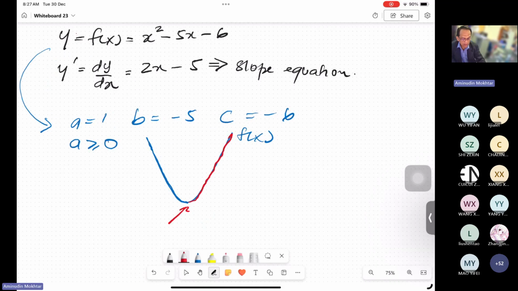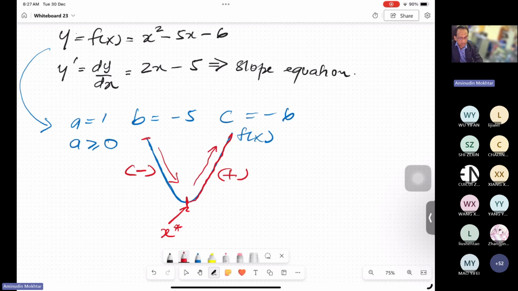What is the turning point, the critical point, where the slope of the graph changes from negative to positive? The graph is decreasing before this x star. After the x star, the graph is increasing.